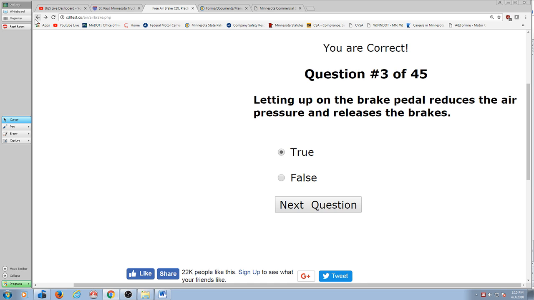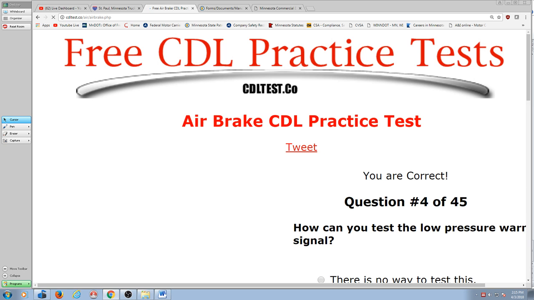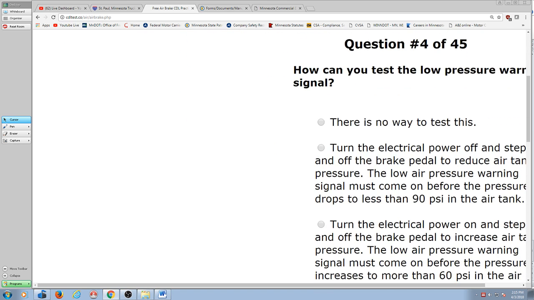Well, if you keep some pressure on the pedal, it'll release them a little bit, but it won't release them fully. I get that. It's still a confusing question. The more I think about that, the more I'm getting confused by it. Let's just keep moving. It is correct. So, yeah.